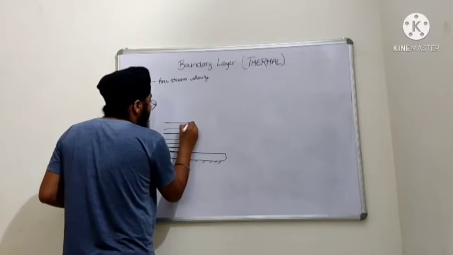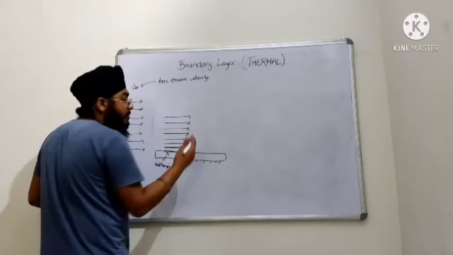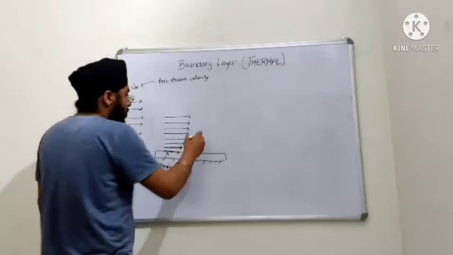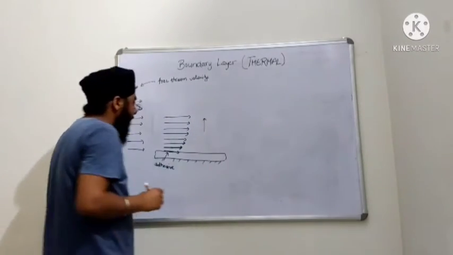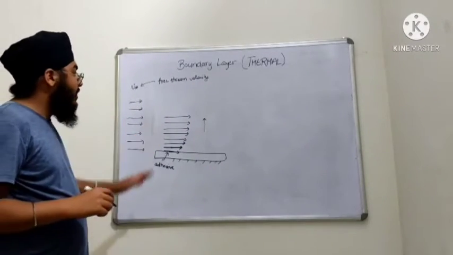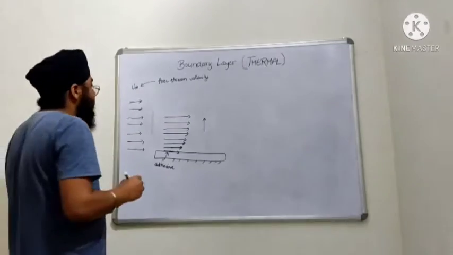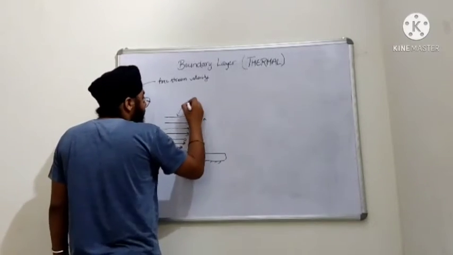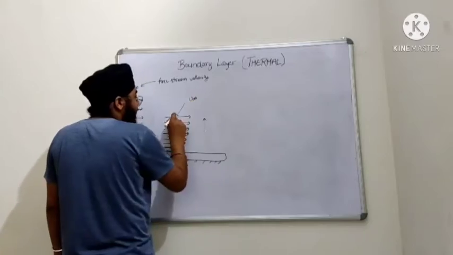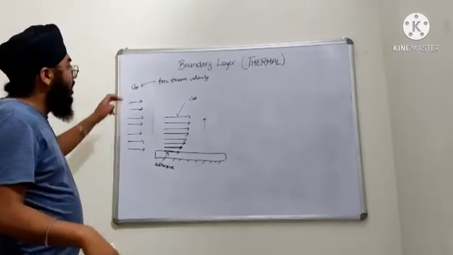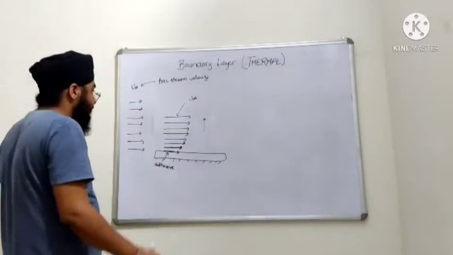As we move upward, the effect of the viscous force will decrease, and there will come a point where the velocity of that layer is equal to the free stream velocity.